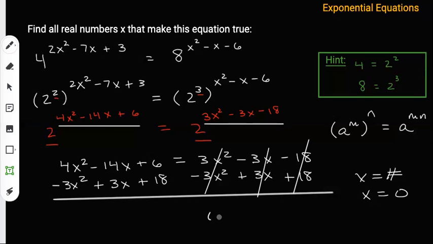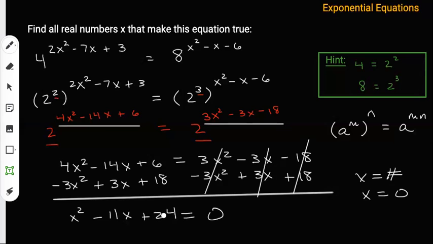So everything's just going to go to 0 on this side. Over here, if I do 4x squared minus 3x squared, I have 1x squared. I'll just write that as x squared. And minus 14x plus 3x, that's going to be minus 11x. 6 plus 18 is going to give me 24. And now I have a quadratic equation I can solve.